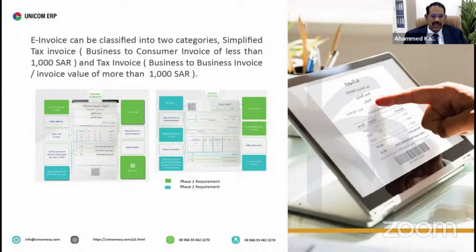In the picture shown below, a screenshot from the ZATCA website, what is marked in green is the Phase 1 requirement, and what is marked in light blue is the Phase 2 requirements. So there are a lot more compliance requirements for the tax invoices compared to simplified tax invoices.